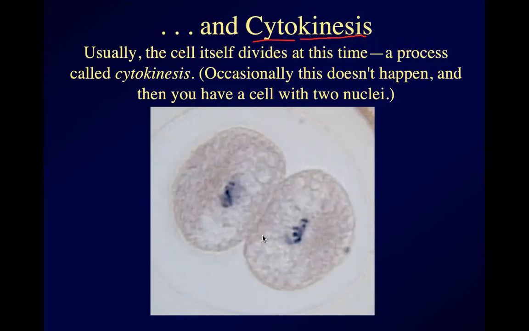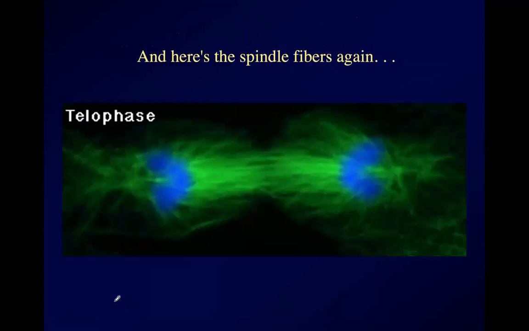Telophase goes with cytokinesis, which is the division of the entire cell. And that's what the spindle fibers look like at telophase. You've got two separated clumps of chromosomes, each one of which is now made of one chromatid. And, well, you can see the spindle fibers in green.